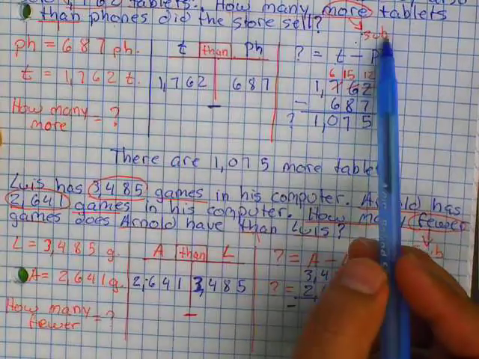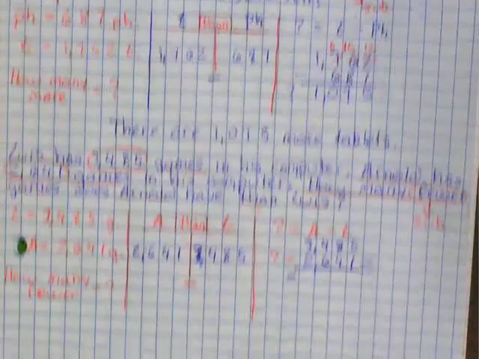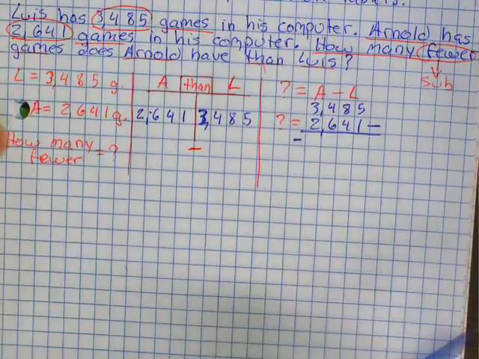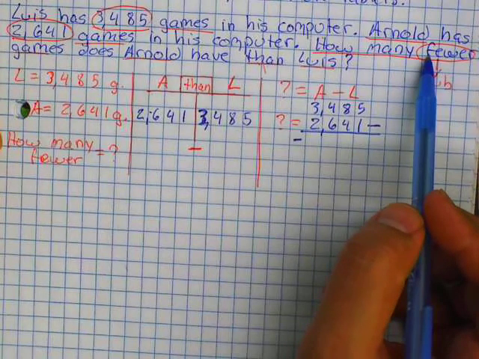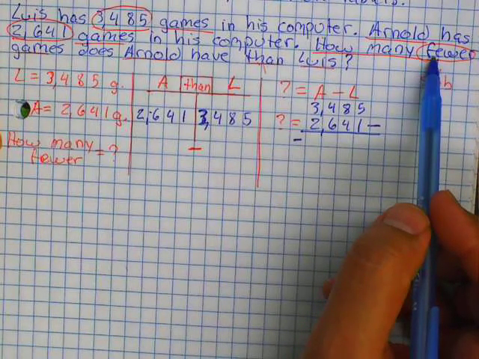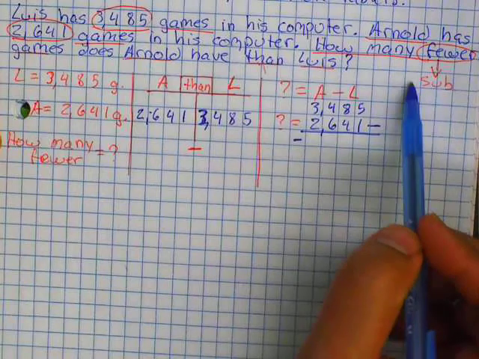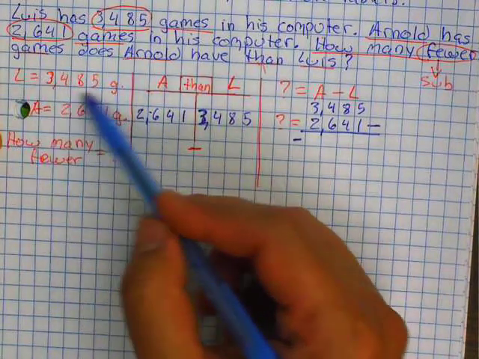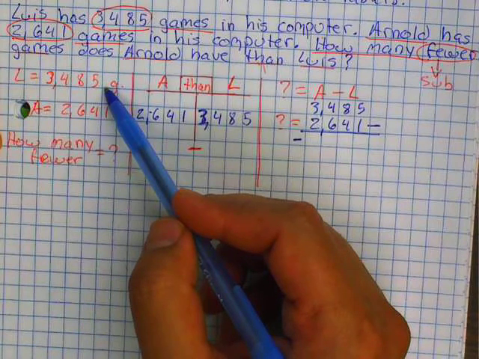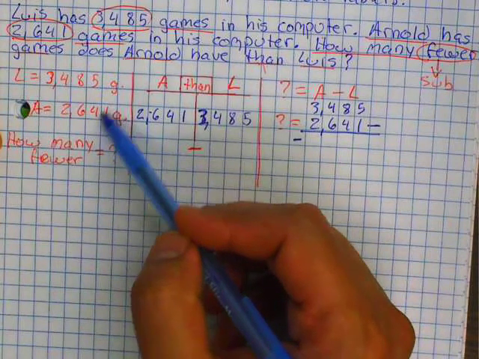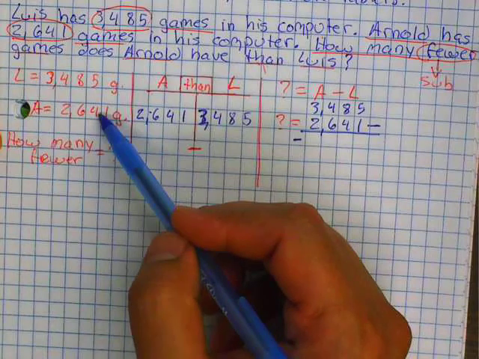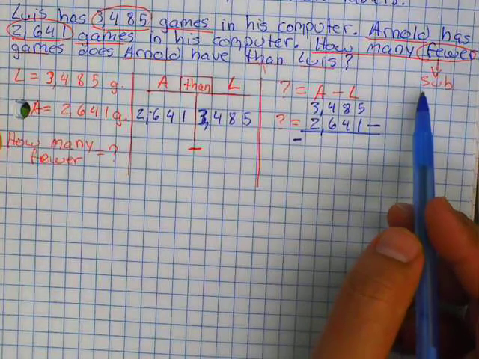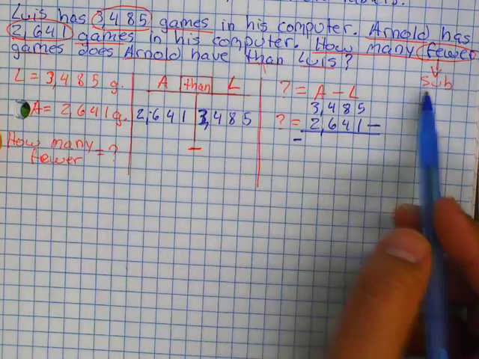And the difference is the answer to a subtraction. This case is exactly the same thing. It's how many fewer. And when they ask me how many fewer, I also need to figure out what's the difference between these two, because I noticed that Arnold has less than Luis. Okay? And when I see what difference do they have in math, that's when I find the difference is the answer to a subtraction. Okay?